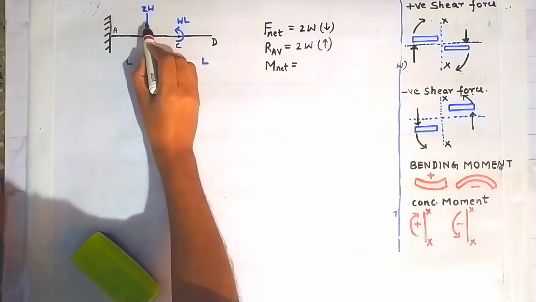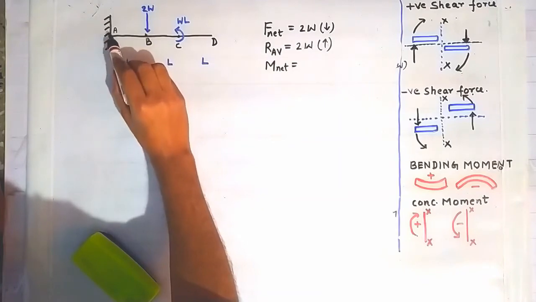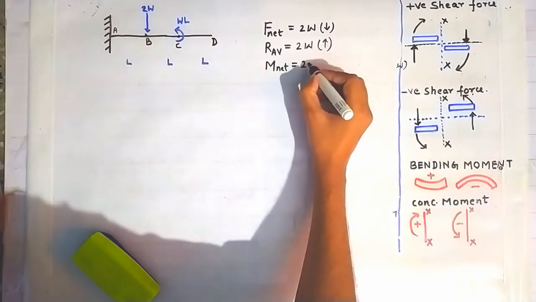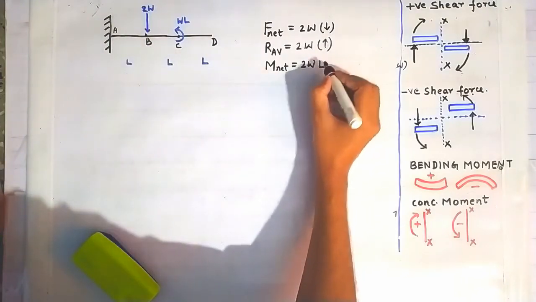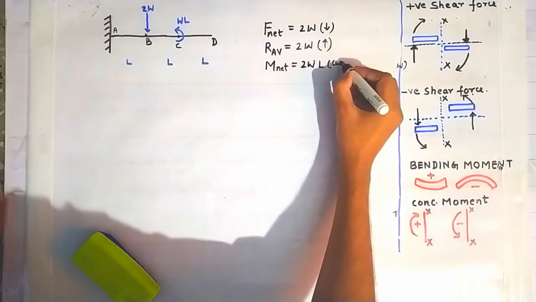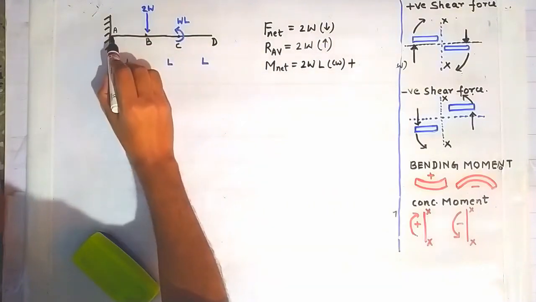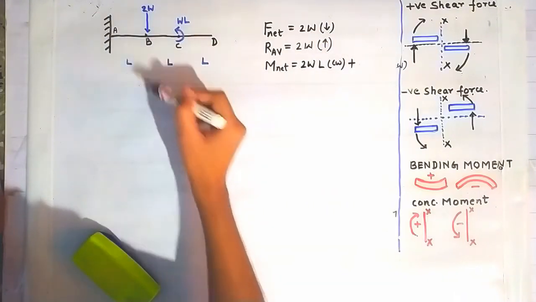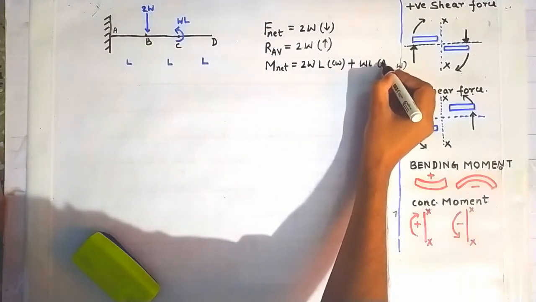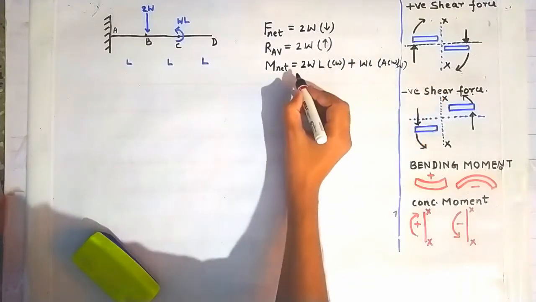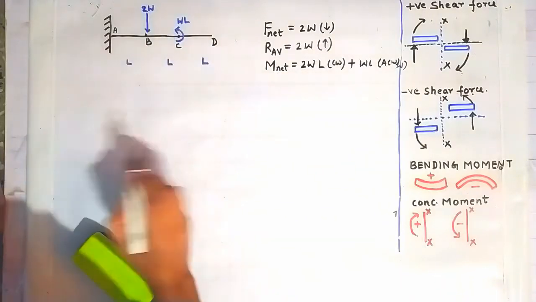Because of this load there will be a moment in clockwise direction about the point A. So it will give us 2W, the magnitude, into this distance L in clockwise direction. And because of this concentrated moment there will be a moment at this point A in anti-clockwise direction and it will have a magnitude WL in anti-clockwise direction.